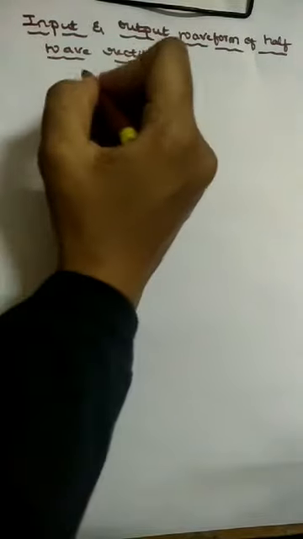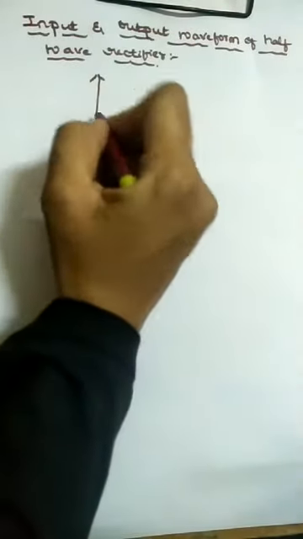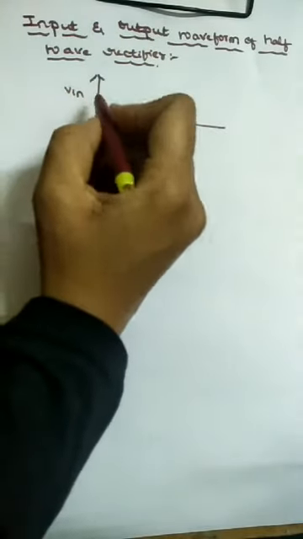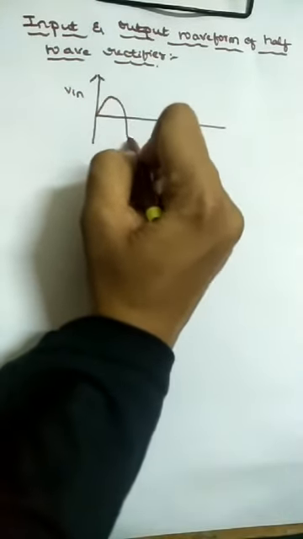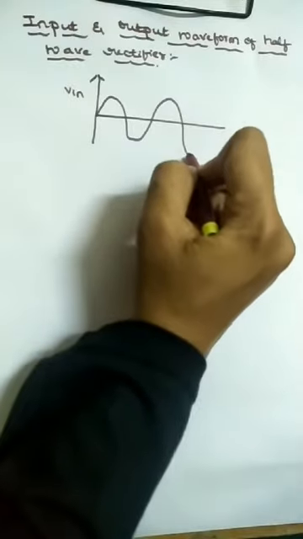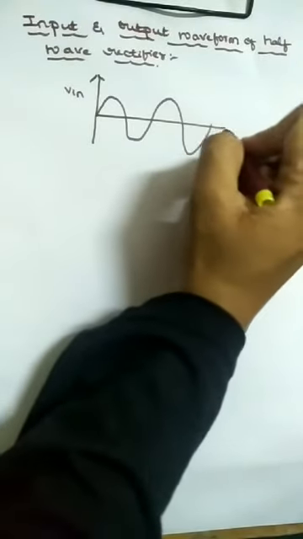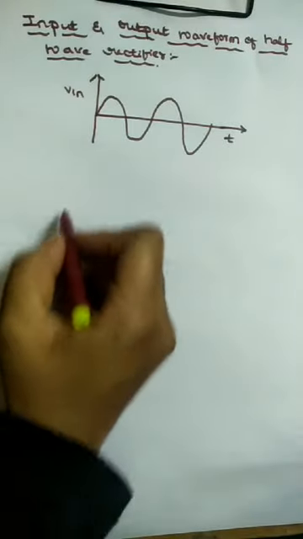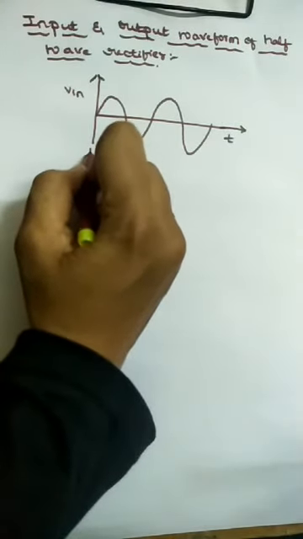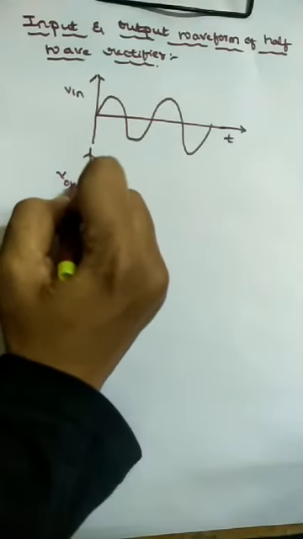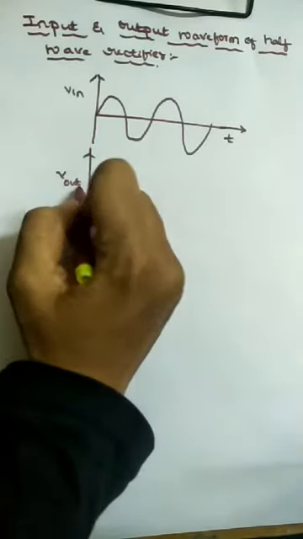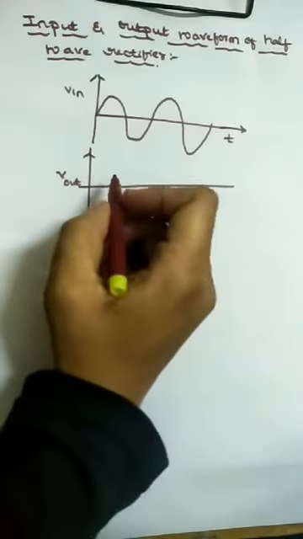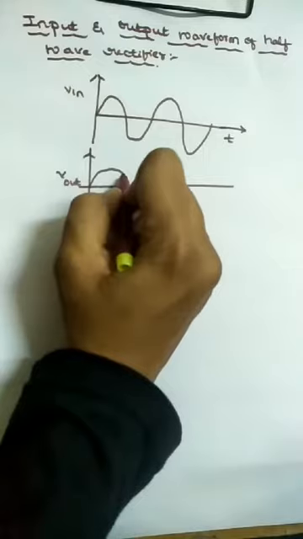Let us see, here is the V input. This is the sinusoidal wave with respect to time t. Then the V output here.